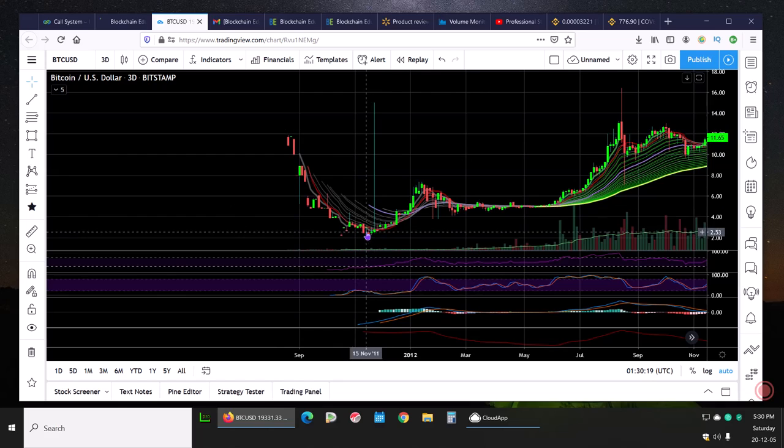Bitcoin has gone in the history of its release on Bitstamp from about $11 or so on the first opening day, being released on Bitstamp. Again, a very early exchange where you could actually exchange cryptocurrency such as Bitcoin.